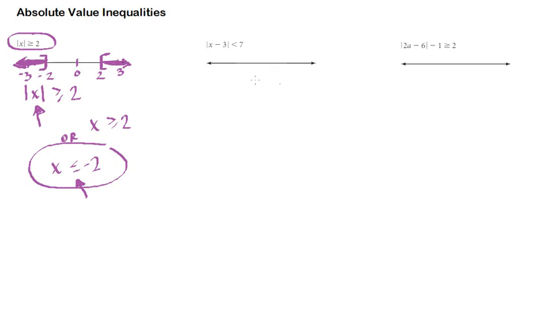So I could break this one apart by looking at both the positive case, where I look at the straight inequality, and then the negative case, which would flip that inequality.